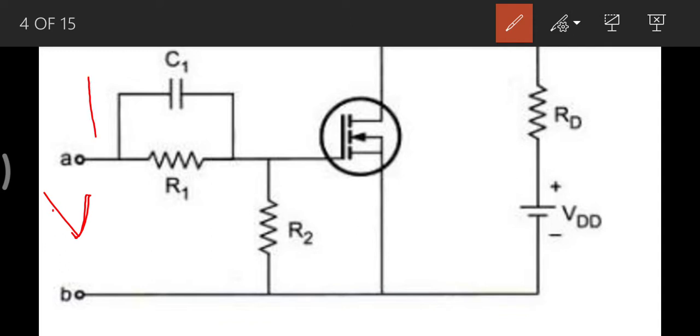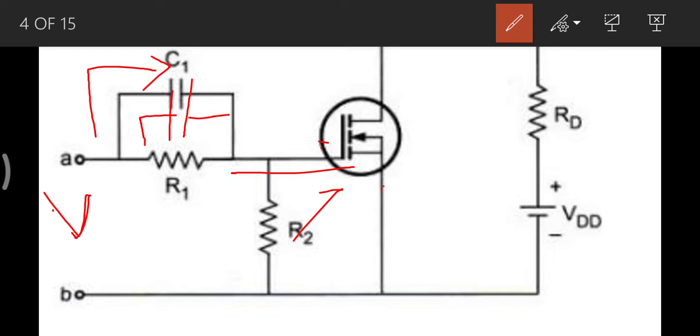Initially this capacitor acts as a short circuit, and the short circuit time is very small. Initially high currents flow through the gate. Because of these high currents, this MOSFET turns on. After that the capacitor starts charging.